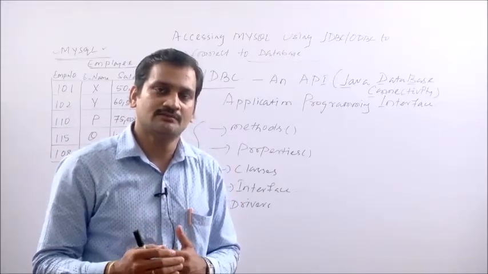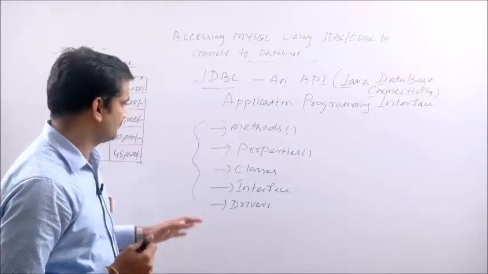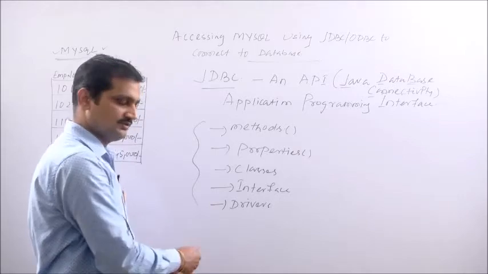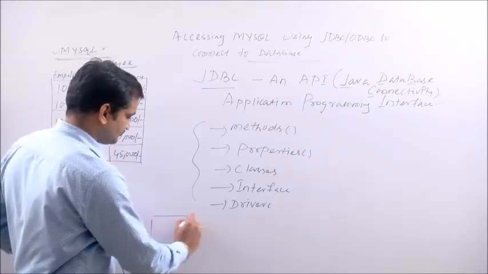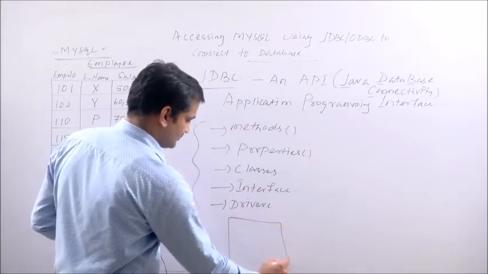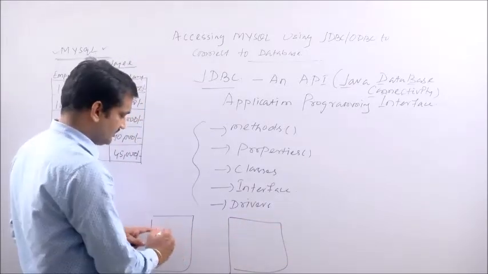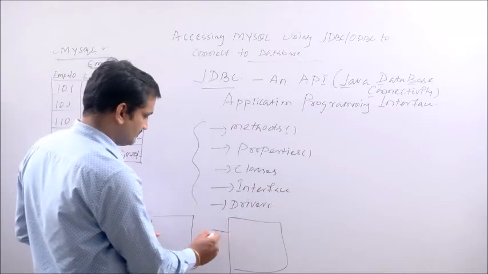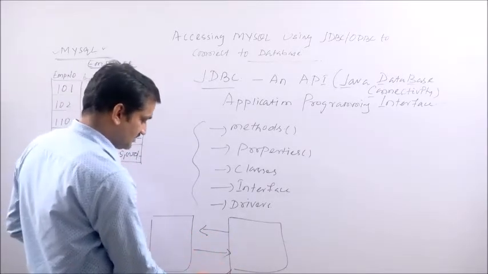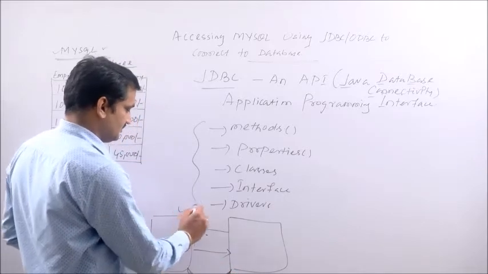The programmer is developing a front-end application, and the database server is present somewhere in the back end. So, when developing the application for retrieving data from the database or storing data into the database, there must be a communication between this server and this application.